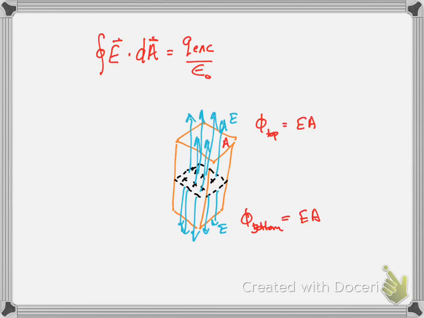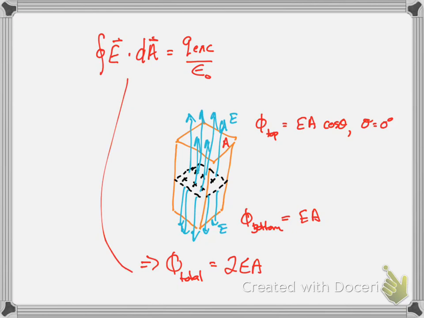The angle between the field and the area is 0 degrees, so it's EA cosine theta, where theta is equal to 0 degrees. Therefore, the total flux through the closed surface is equal to 2EA.